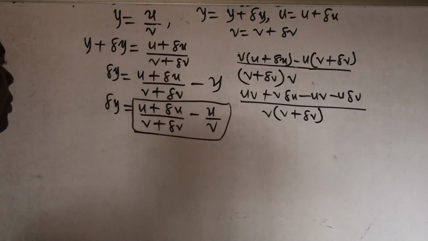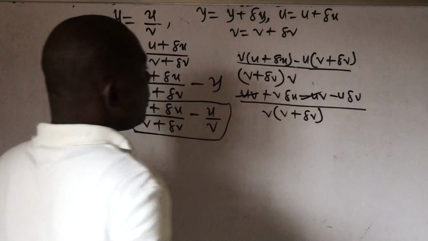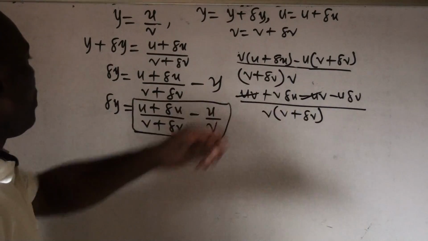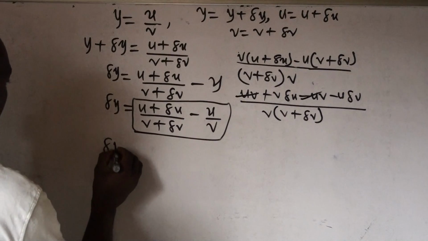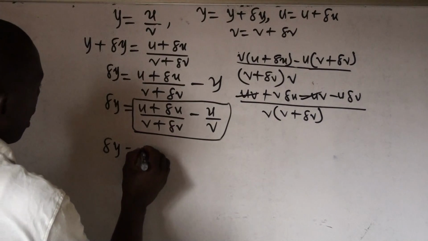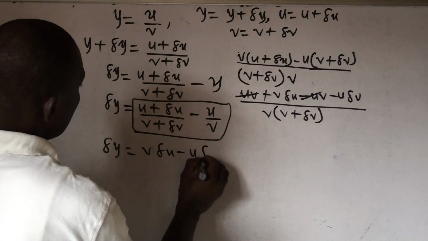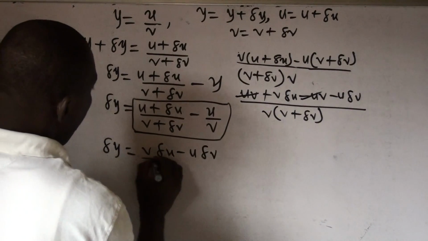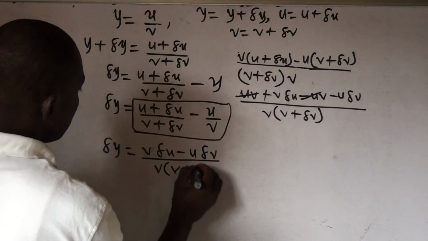Here we see that uv and minus uv cancel off, and we will be left with delta y equals v delta u minus u delta v all over v into v plus delta v.